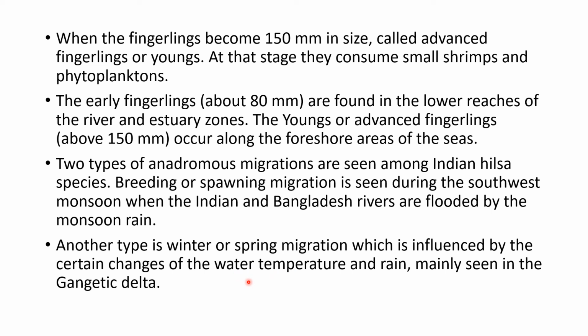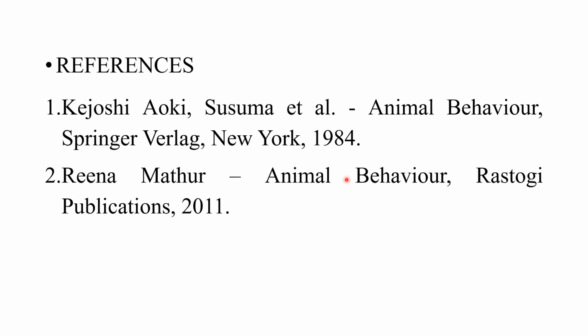So basically this migration is dependent upon the quality of water. Different quality of water induces different kinds of migrations. But still they do migrate from salt water to the fresh water. Hence the name anadromous.